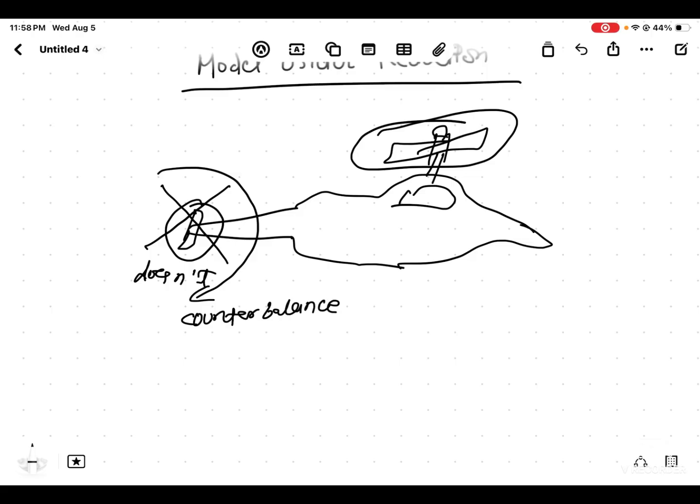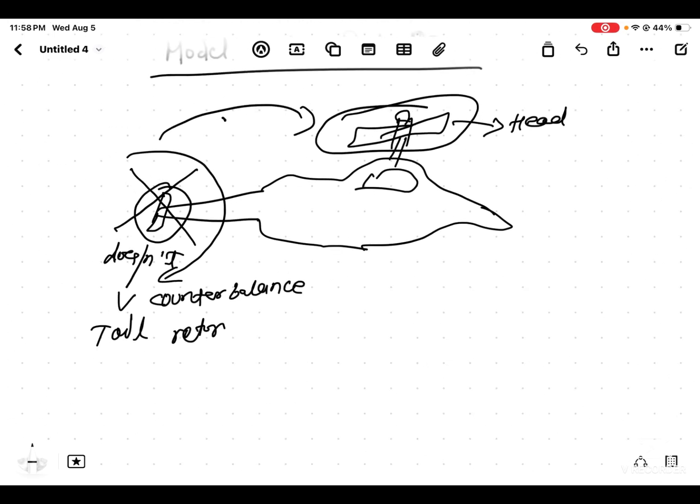What does counterbalance mean? The torque the head rotor provides is in one direction, and the tail rotor torque is in the opposite direction of the head rotor torque. So these two opposite rotations cancel each other, so that stabilizes the helicopter.